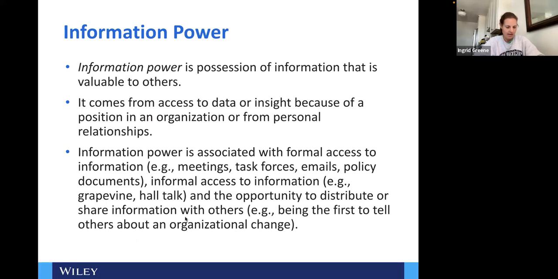And so again, HR has a lot of information power, because they're usually one of the first to know when things are going to change internally. This happens all the time. And I think an important place to find that information is at social gatherings.